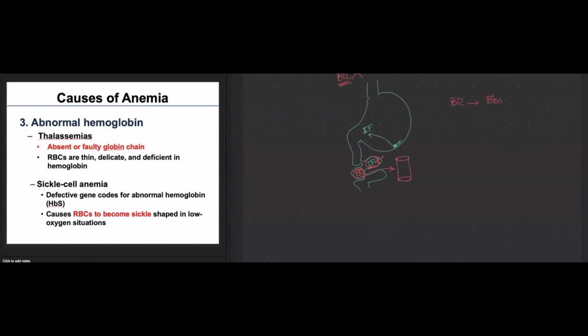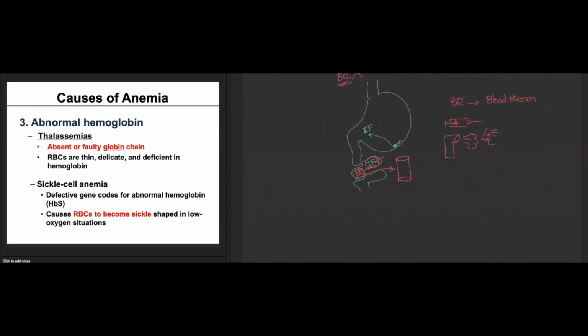So how can I have direct access to the bloodstream here? I will give intramuscular injections of B12, or I will give it using a nasal spray for this B12 to be absorbed through my nasal mucosa.